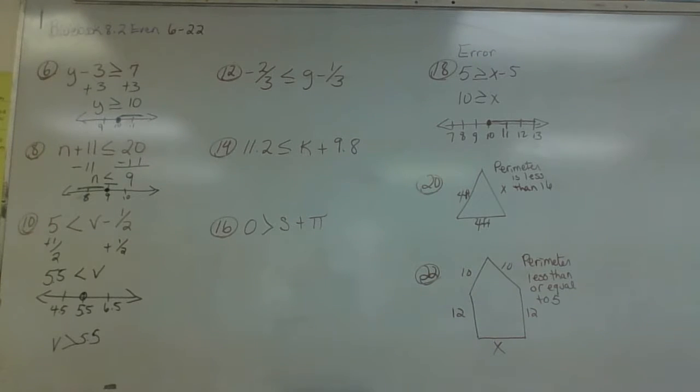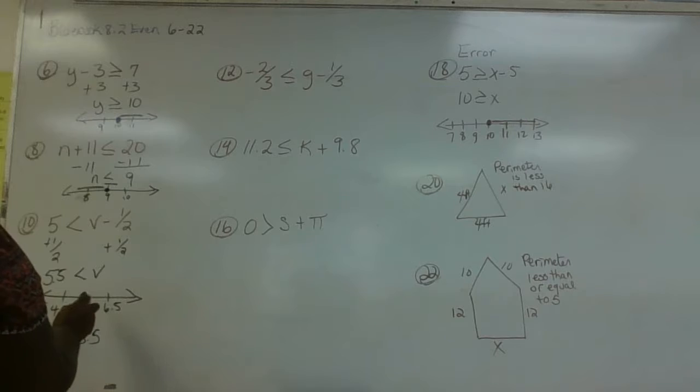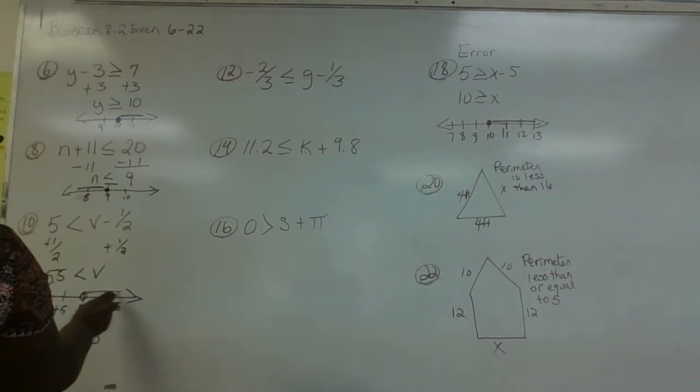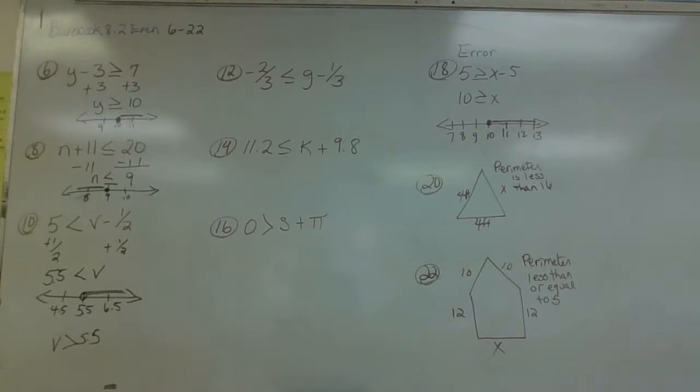So we should be going in this direction where our 5.5 is the lesser number. And so that's how that goes. So v is everything that is greater than 5.5, that's what we want.